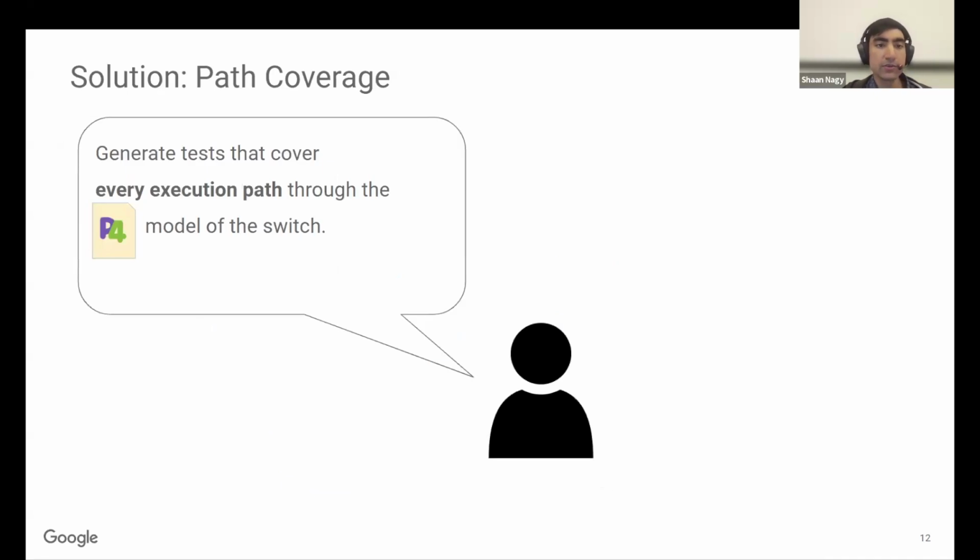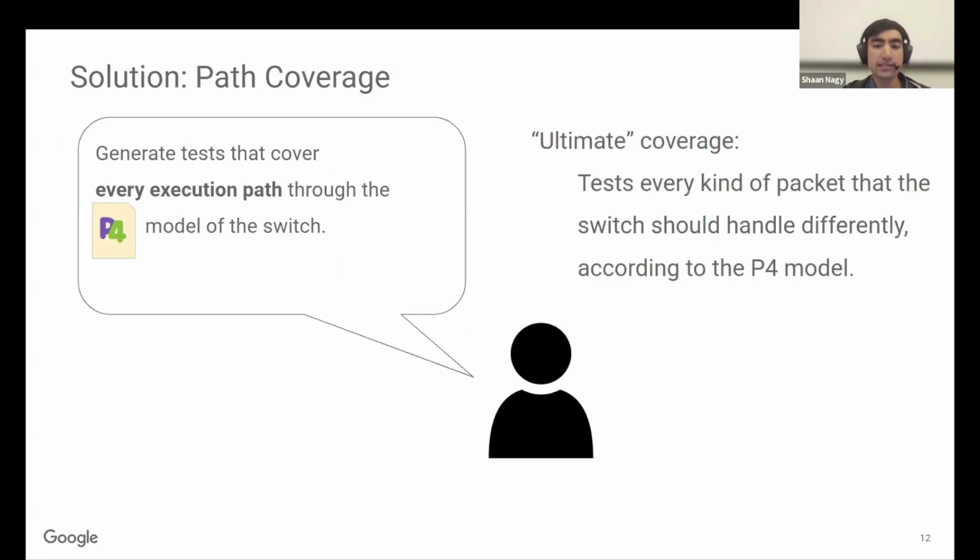In that spirit, we have the following notion of path coverage, which is that we want to generate tests that cover every execution path through the P4 model of the switch. And so in some sense, this is ultimate coverage up to the granularity of the P4 model, because every kind of packet that the switch says we should handle differently, we test. That's the goal of path coverage.